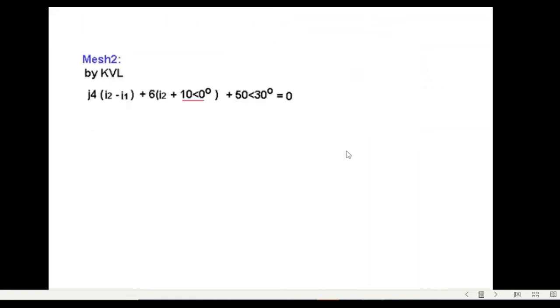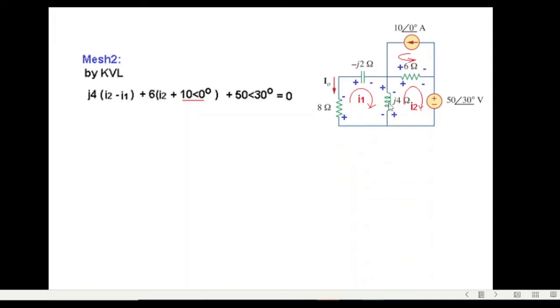Now in mesh 2, we'll go from here, plus j4. Now we are in mesh 2, therefore we'll write (I2 minus I1). Then here also there are two currents, I2, 6 into I2 minus this 10 ampere.